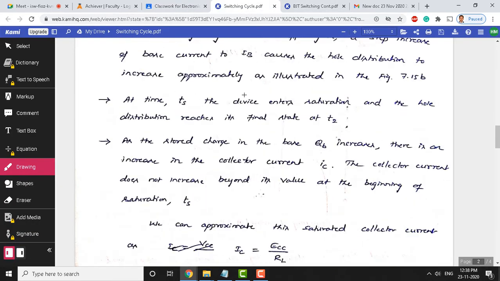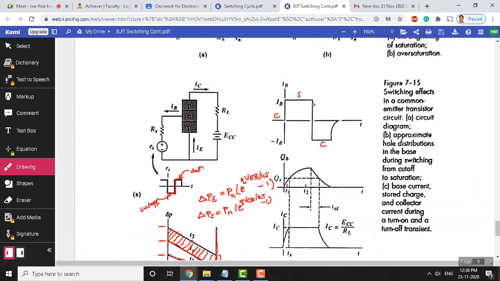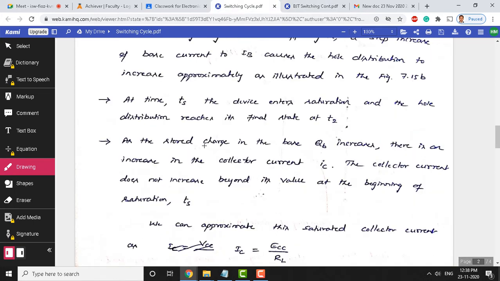Okay. As for the stored charge in the base, this is very important: whenever we apply a step waveform like this at the base, the base will start storing charges within that region. That is what we are trying to say, a stored charge in the base, Q B. Q B, the stored charge in the base, increases when we move from the cutoff region to the saturation region.